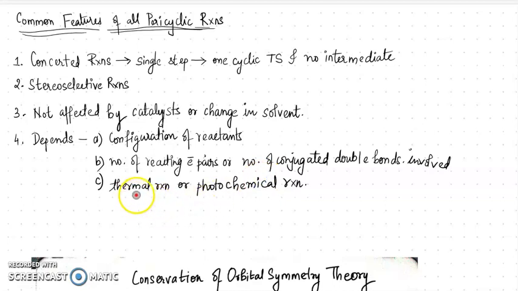And then another thing is almost all of these reactions depend on their reaction conditions. Some of the reactions are favorable to happen under thermal condition, and some of the reactions are favorable to happen under photochemical conditions. Photochemical means the influence of light, thermal means heat.